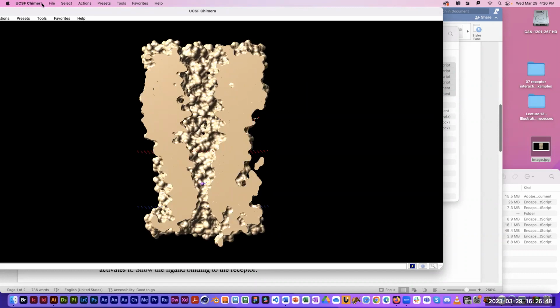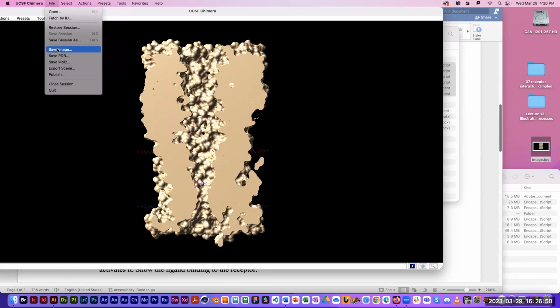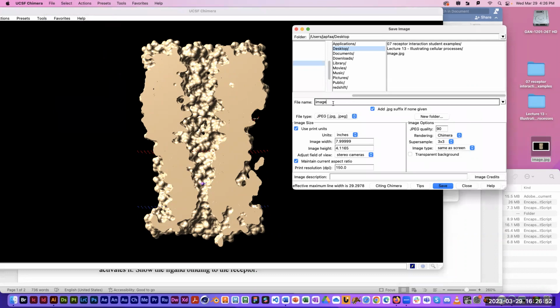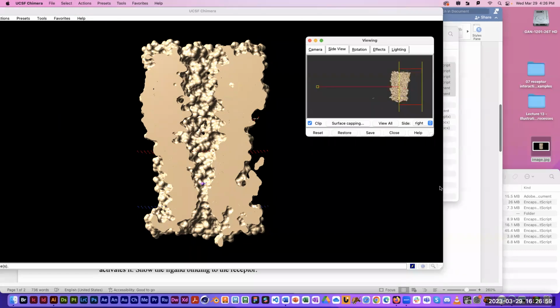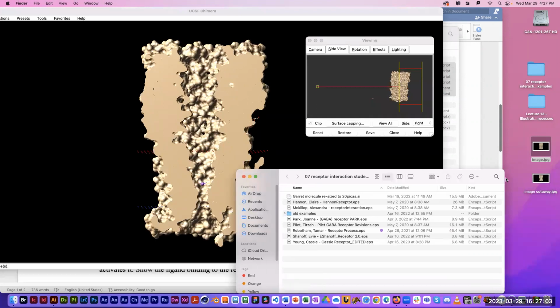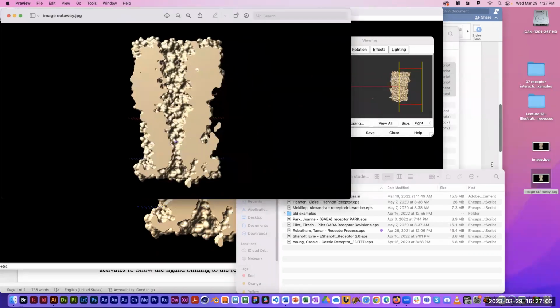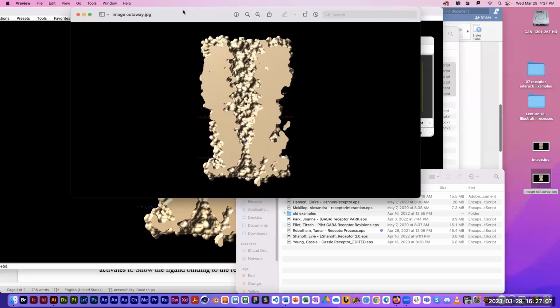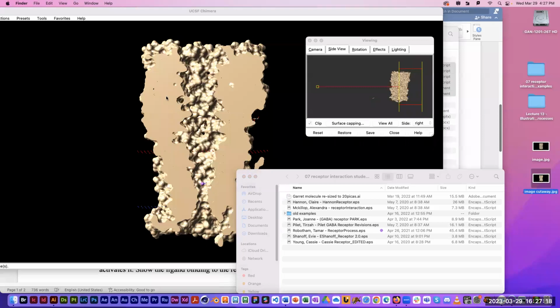And so I could export another image, call it cutaway, exact same size. Now I've got a cutaway view so that if I wanted to illustrate a cross section of this molecule, so that we could actually see that little ion pore, ion channel in the middle, we could do that.